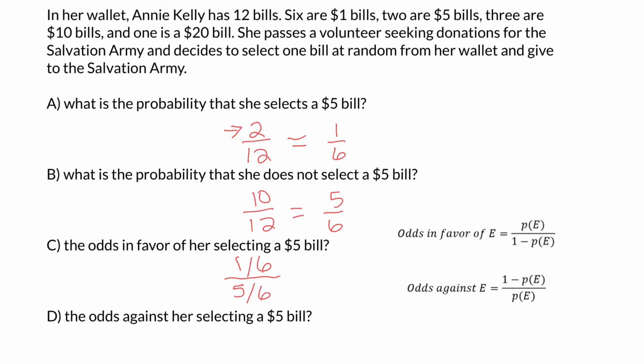And what happens is this 6 cancels out. So you have 1-to-5 odds. Then the odds against her selecting a $5 bill would be that in reverse. So it would be 5-to-1 odds.